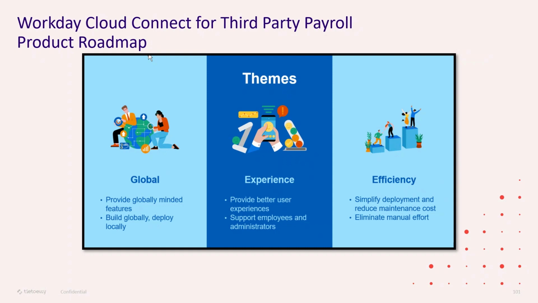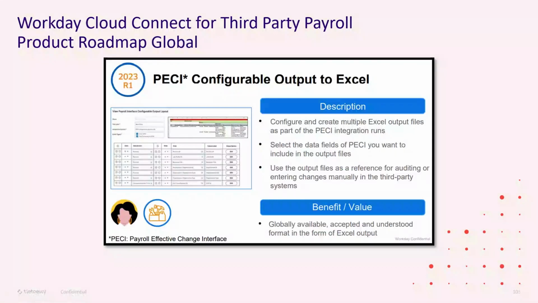With this, PG configurable output is in Excel. So select the data fields of PG you want to see in the output files, and you will be able to get it. And you can use this as a reference for third party. And if you see this, it says that do it yourself and global payroll people can do this.